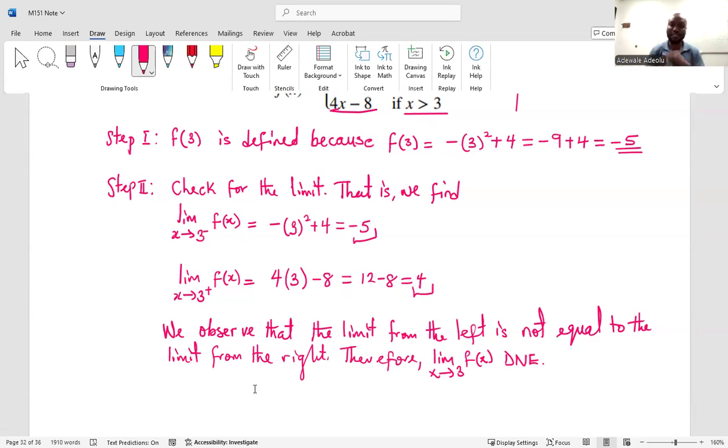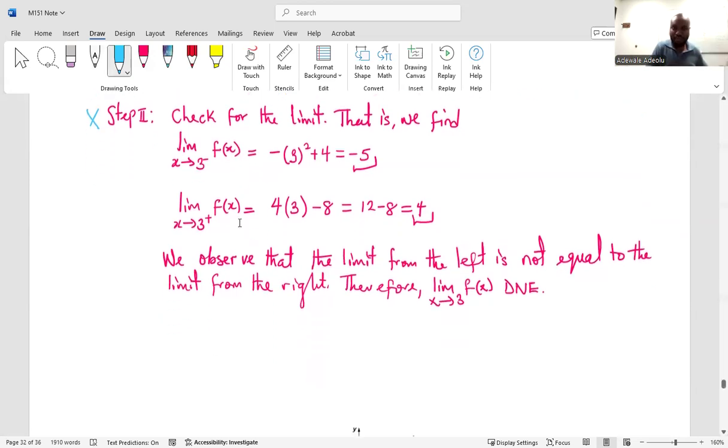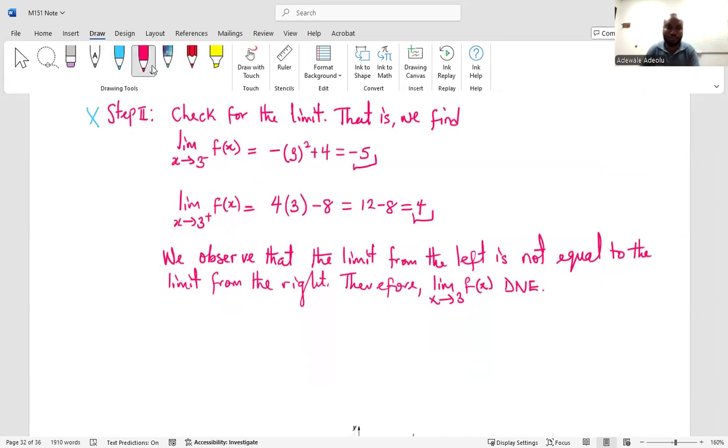And since they are different, it means the limit of that function as x goes to 3 does not exist. Now, we see this condition is fulfilled. However, this condition is failed. We do not need to go to step 3. Here we just conclude.